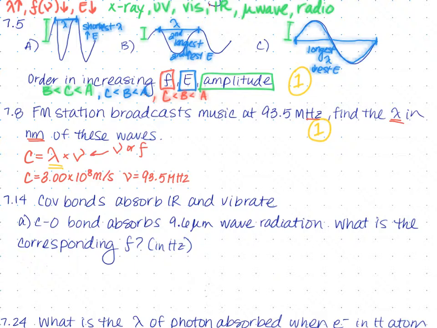So I am plugging in the speed of light constant, and then I'm also plugging in the frequency that was given to me. I need to make sure the units match though. So notice that because the speed of light is in meters per second, and because a hertz equals second to the -1, I need to make sure to convert megahertz into hertz. All right?